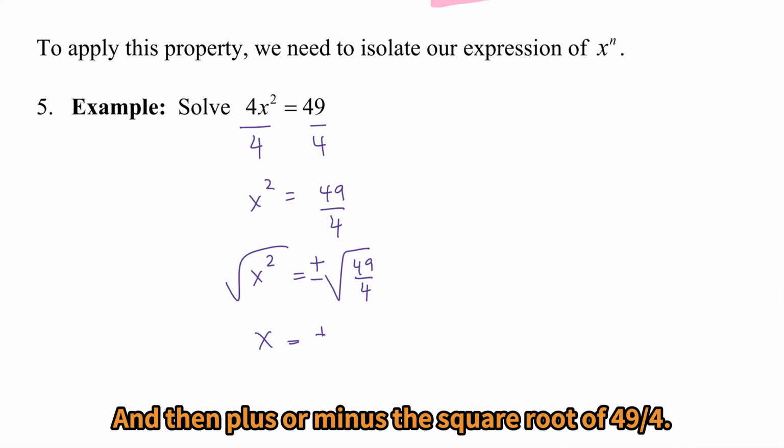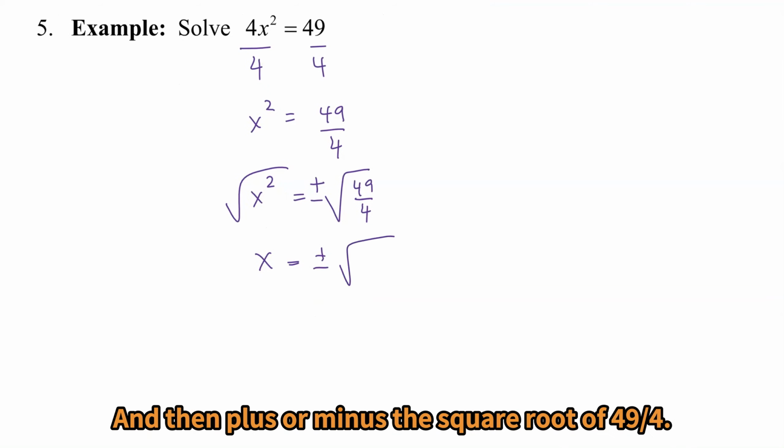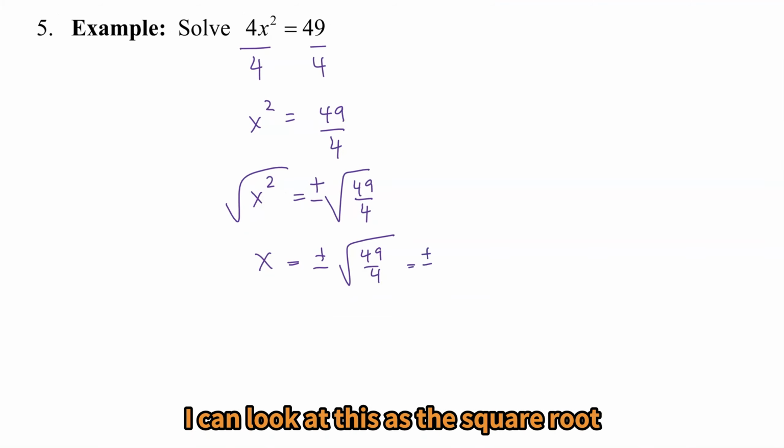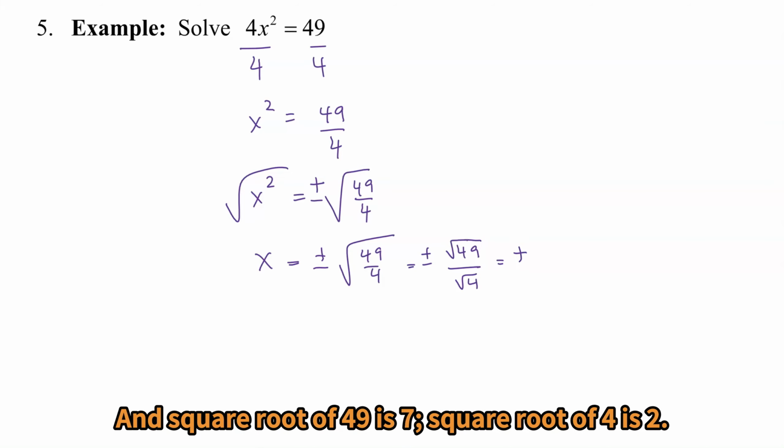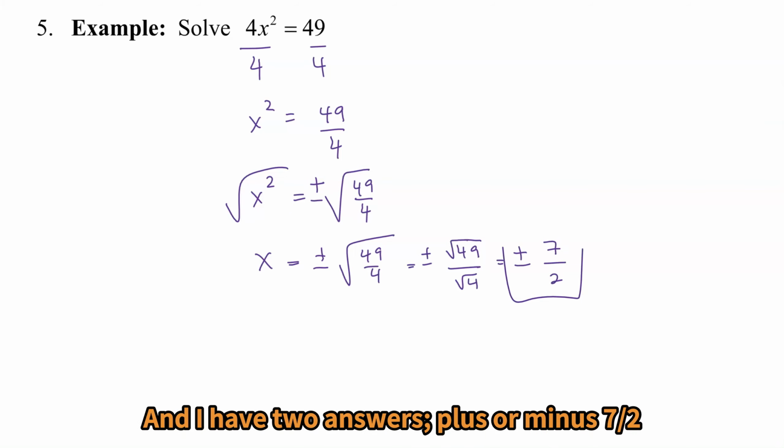And then plus or minus the square root of 49 fourths. I can look at this as the square root of 49 over the square root of 4, and the square root of 49 is 7, the square root of 4 is 2, and I have two answers, plus or minus 7/2.